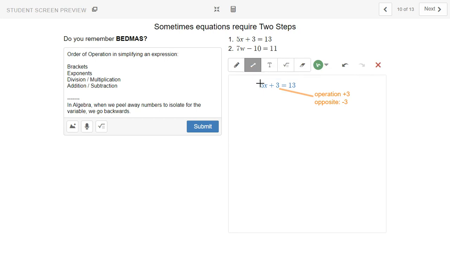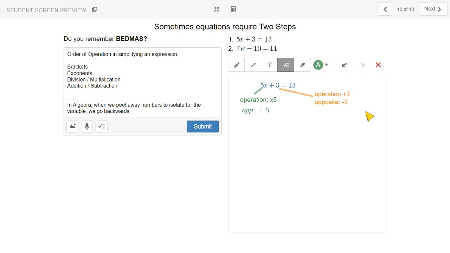We also have the 5 here, which is the coefficient of the x. And we remember that coefficients always mean that it's being multiplied. So we have 5 times x. The opposite of this would be to divide by 5.